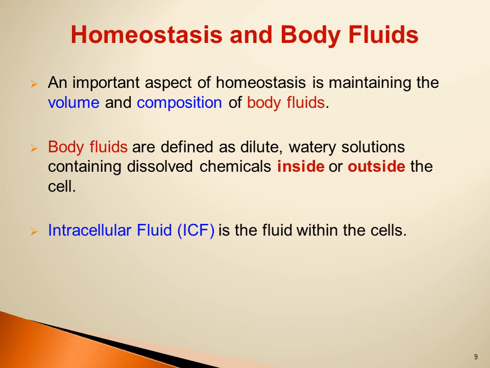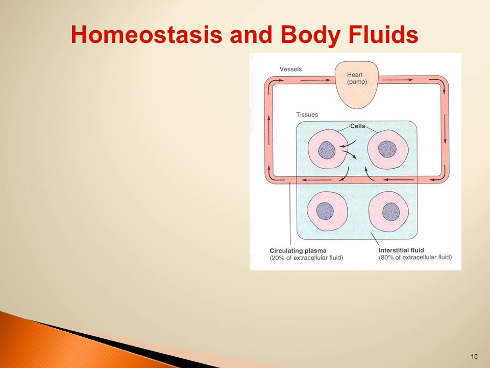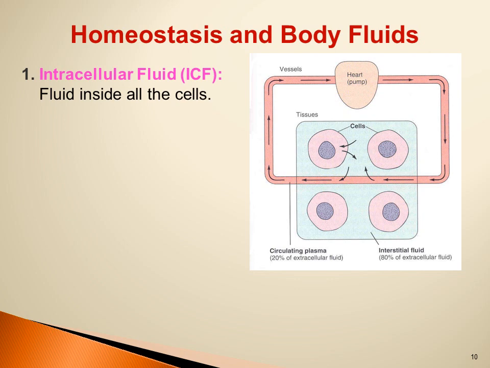Fluid inside the cells is called the intracellular fluid, and fluid outside the cells is called the extracellular fluid. Here in this figure we can see that we have 4 cells and they contain this pink fluid, and this fluid inside the cells is called the intracellular fluid.